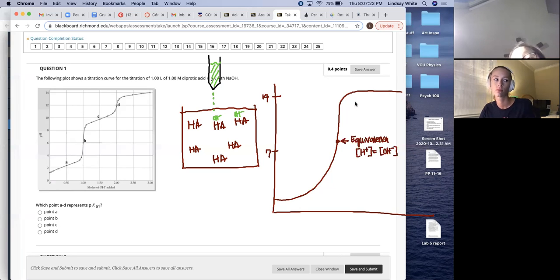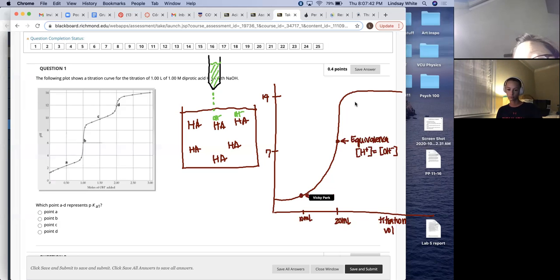So when acid equals base. Now let's just say that's at 20 milliliter titration volume. Half of that is 10 milliliters, right? If it's 10 milliliters, this is going to be the mid-equivalence point, right?